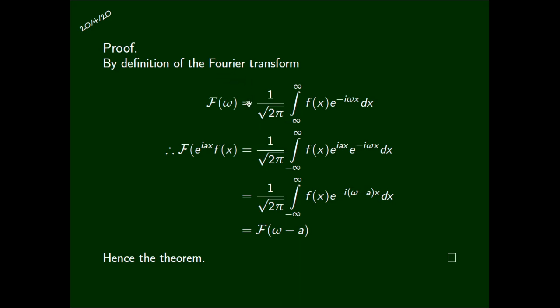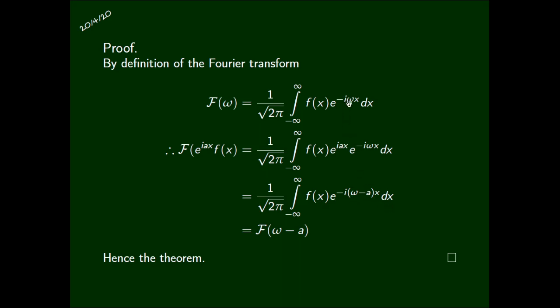From the definition of the Fourier transform, f bar of omega is equal to 1 by root of 2 pi integral minus infinity to infinity f of x e raised to minus i omega x dx. Therefore, the Fourier transform of e raised to iax into f of x equals 1 by root 2 pi integral minus infinity to infinity, and instead of this f of x, I write e raised to iax into f of x. So I put these terms together: 1 by root 2 pi integral minus infinity to infinity f of x into e raised to minus i into omega minus a x dx.